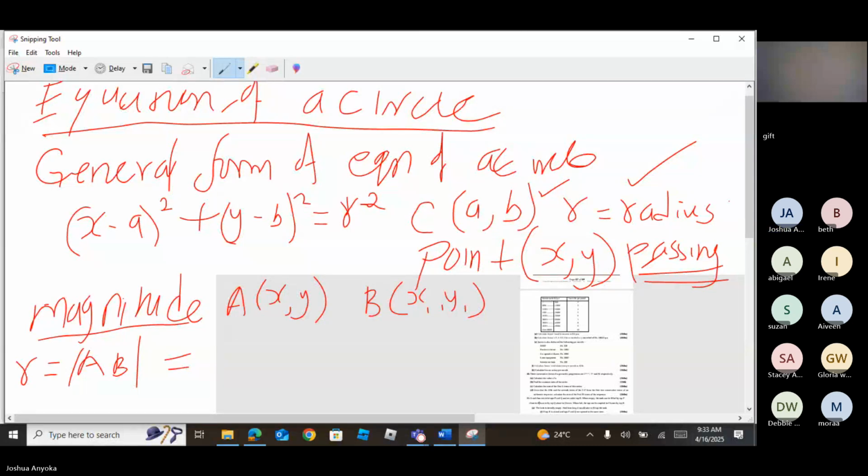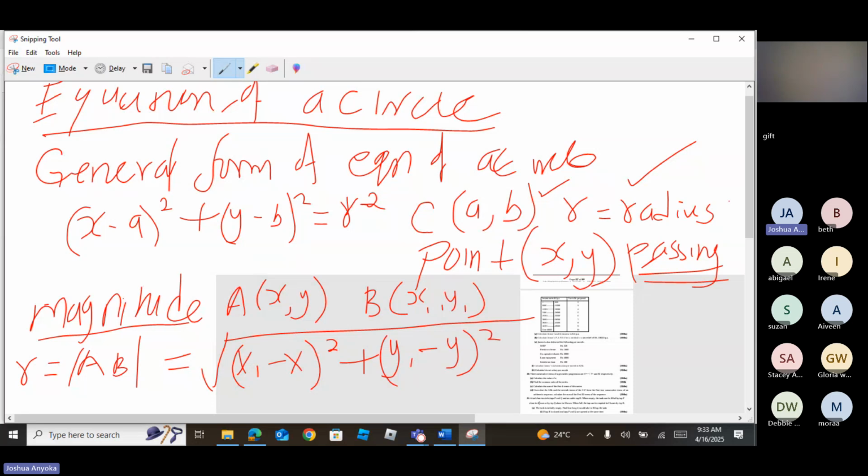Radius is the length, and length is the size of a certain line segment. So to work out the radius, we need to understand the formula for the magnitude. It will be equal to the square root of (x1 minus x) squared plus (y1 minus y) squared. We are taking arbitrary values, but these are coordinates, so we work with the coordinates of A and of B.